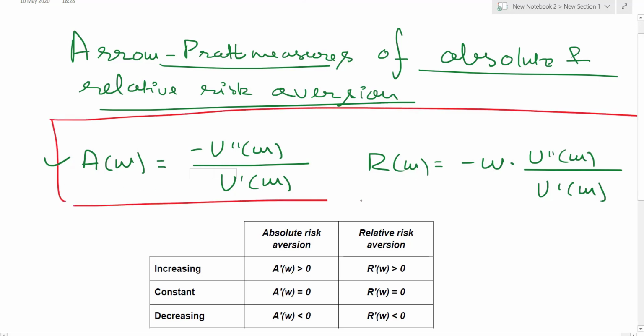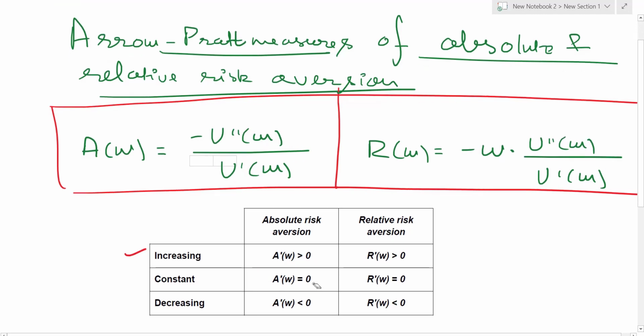Now, how do you say whether the risk aversion is increasing, decreasing, or constant? It's just common sense. Once you have these measures, you take the first derivative. If the first derivative of the absolute risk aversion is positive, that is, greater than zero, that means the risk aversion is increasing. The absolute risk aversion is increasing with increase in wealth, right? If it is zero, then it is constant. If it is negative, then it is decreasing.